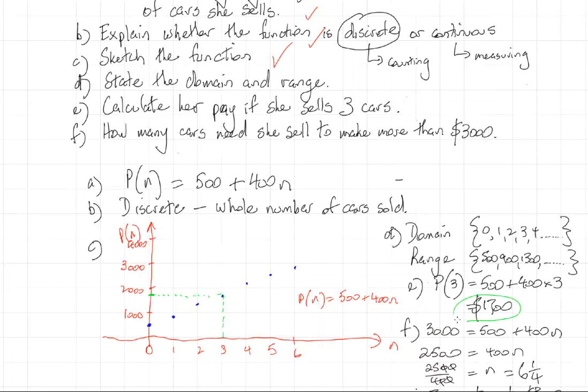In this case it was 1,700. So the other way to do it is when you've got the p value, you can come across at 3,000 and you can see that it is going to be just slightly more than 6, because that'll actually go above the top of that blue point there and come down, and that corresponds to our 6 1/4 here. And you can see that you'd have to sell more than 6 cars to make the $3,000.